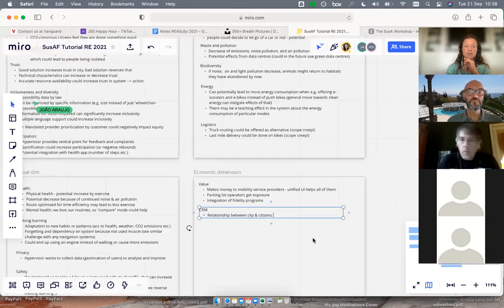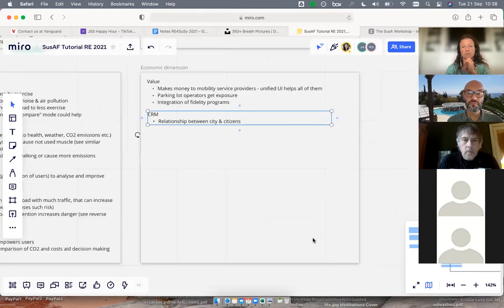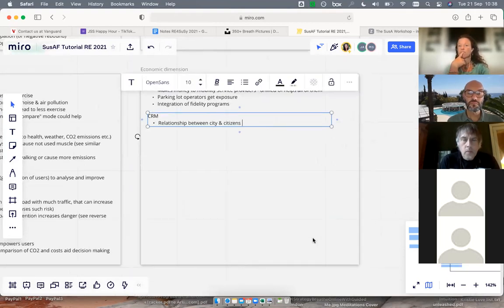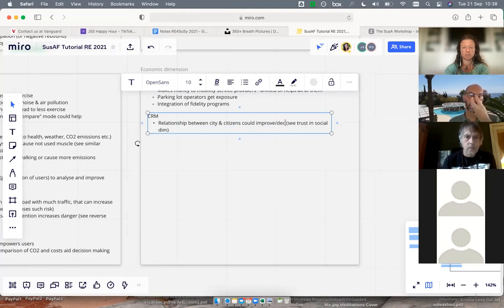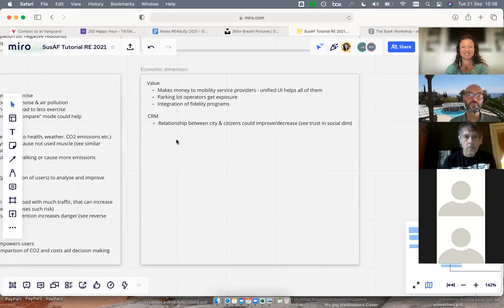What are your thoughts on that? I think it is related to the trust that is built between citizens and city. It covers a bit the same aspects for me. Yes. Either it's good and people will see its value and they will use it and they will be happy with it, and it will increase trust and also relationships with their city, or it will go in the opposite direction. Yes. Agreed. And then at the next elections, somebody will lose their place.